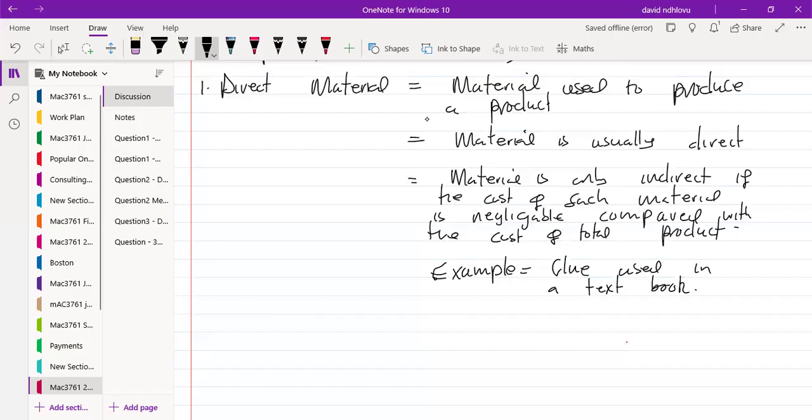You may find that the textbook cost you 100 rand to produce, but the glue that you used in that textbook maybe cost you 0.002 rand.